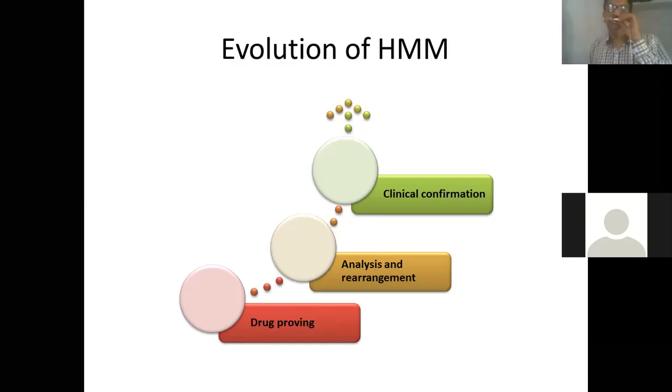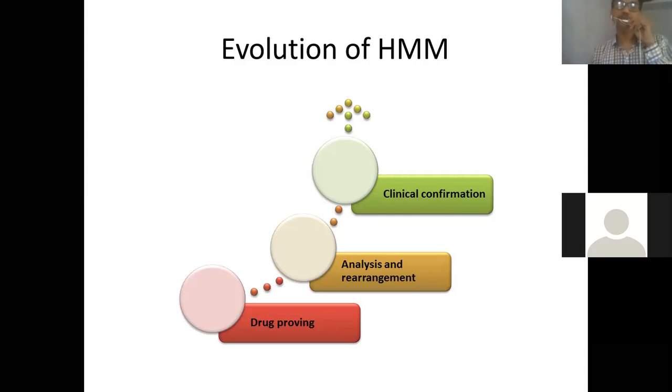Then the in-charge of that proving analyzes all the symptoms collected from the various provers, and in that analysis also tries to determine what type of pathogenesis the drug is able to produce, and then comes its clinical information. So there are three basic steps in the evolution of homeopathic materia medica: drug proving, analysis and rearrangement of the symptoms collected from all the provers, and then clinical confirmation.